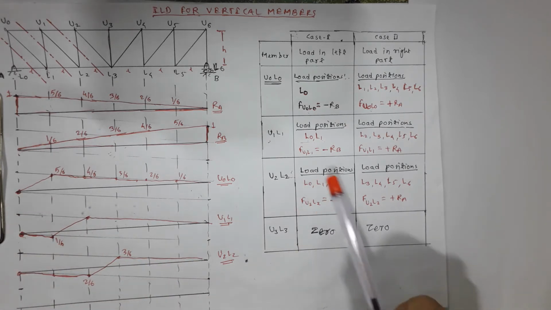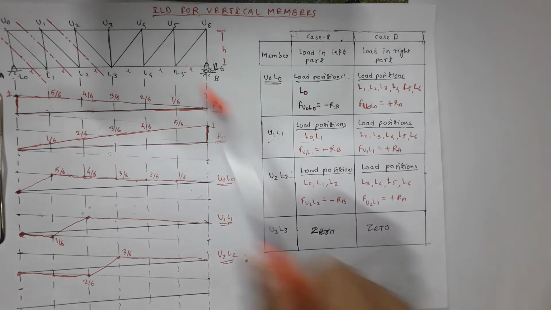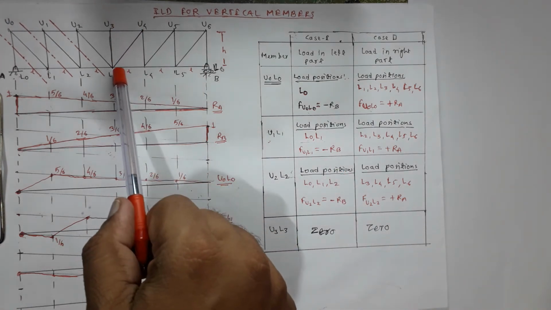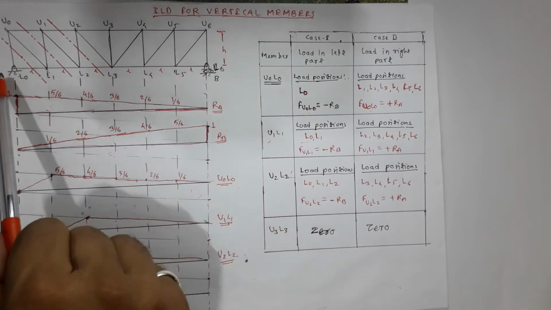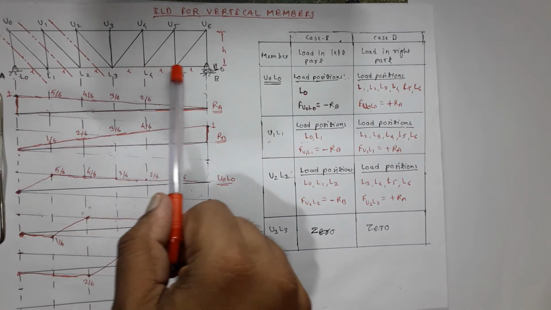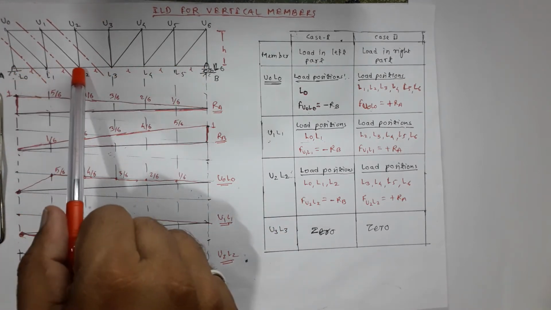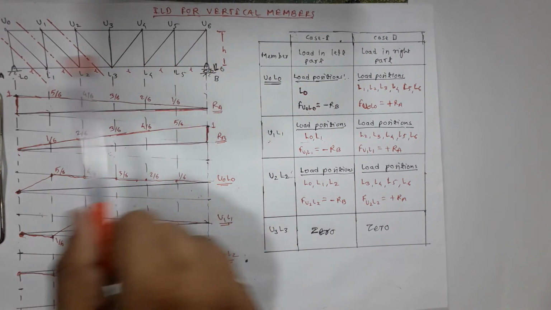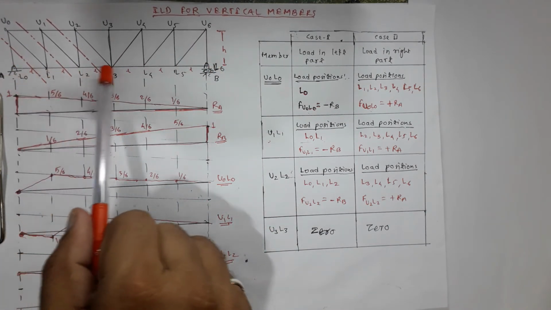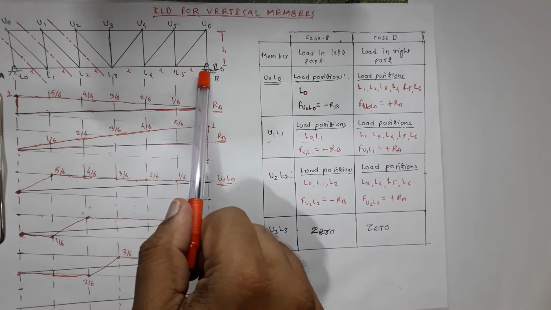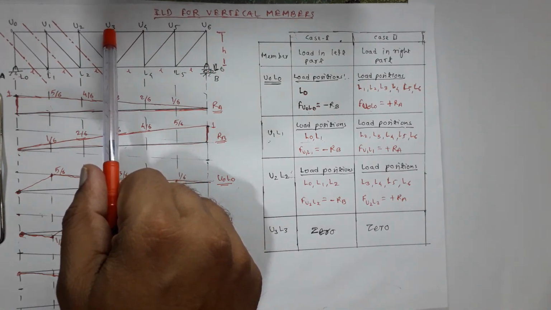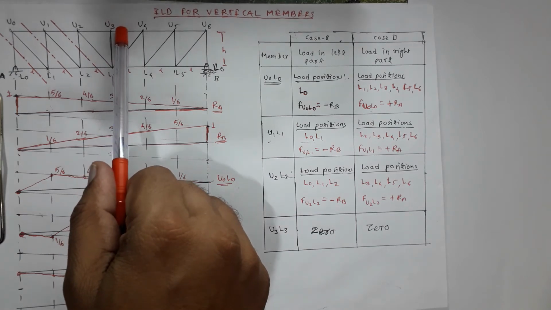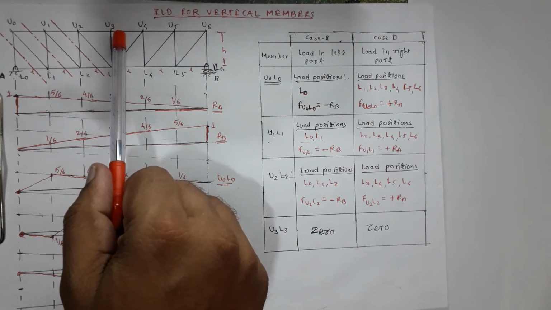Now the ILD for U3 L3, that is this vertical central member. Now the load is moving along the bottom chord line. So whatever is the position of this load along the bottom chord line, if I deal with this joint, there are three members meeting at this joint.